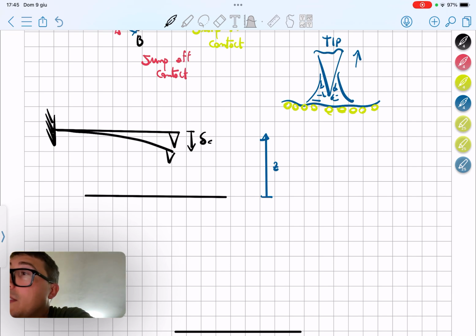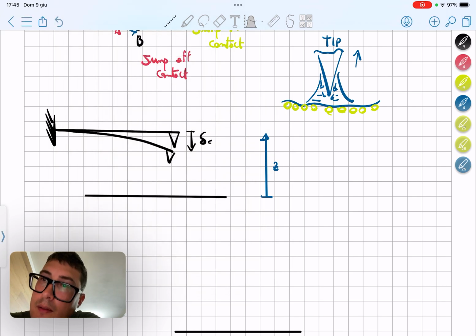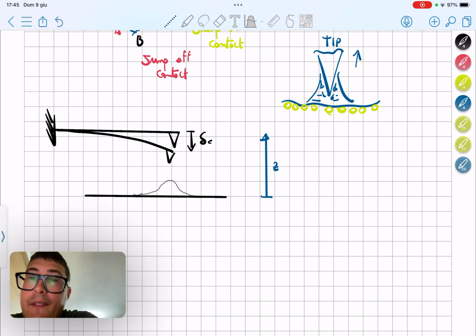But what is also happening is that the sample itself deforms because of the presence of the tip of the cantilever, and we call this delta S, delta of the sample. So what is actually the distance?